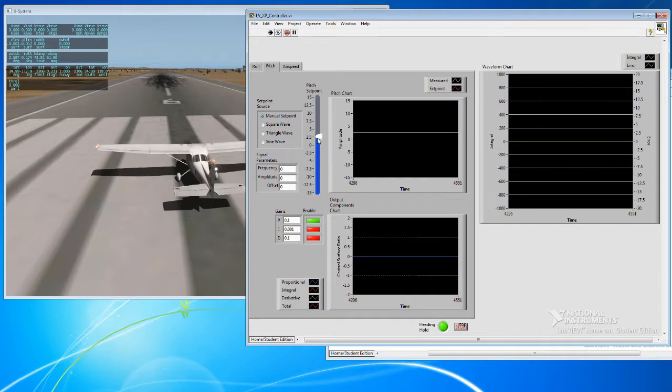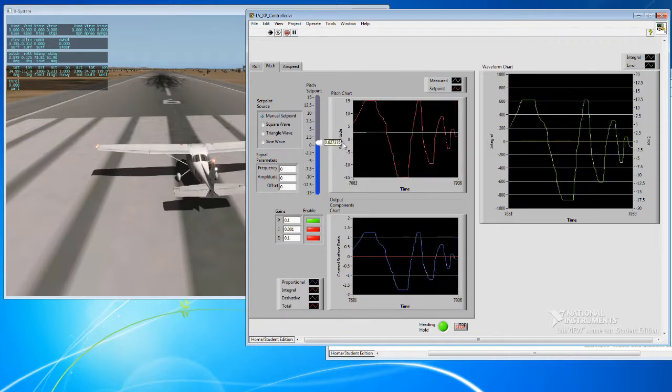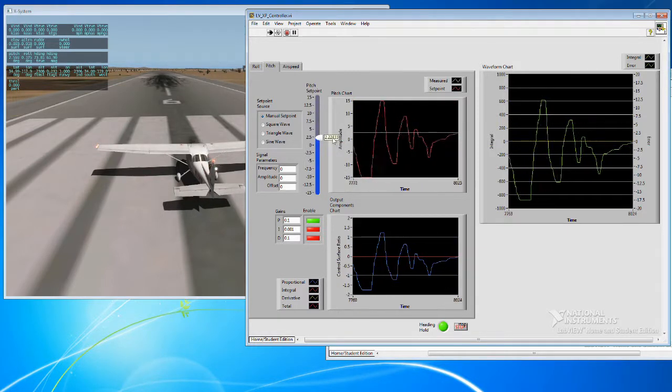At the moment I've got our pitch set point set to 2.5 degrees, because that's the pitch that the Cessna sits at when it's sitting on the runway, and our integral is not enabled. So what we're doing is we're limiting our error values to be within plus or minus 2.5 degrees. The graph on the right hand side is showing the true error rather than the capped error, so it still has the full range that we would expect.